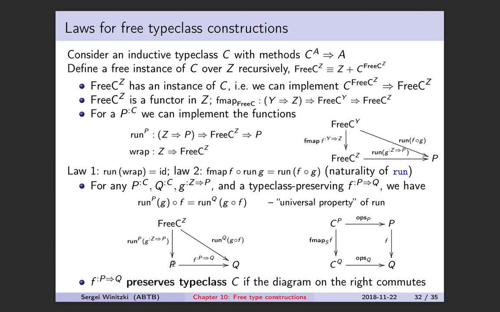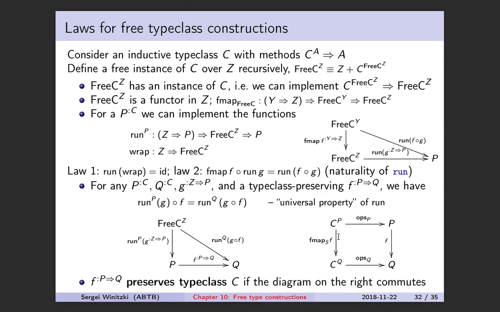So suppose you have two types P and Q, and you want to run into P and run into Q, and there is a function that transforms from P to Q, and this function preserves the type class. So it's not just an arbitrary transformation from P to Q, it's a transformation that preserves the type class.